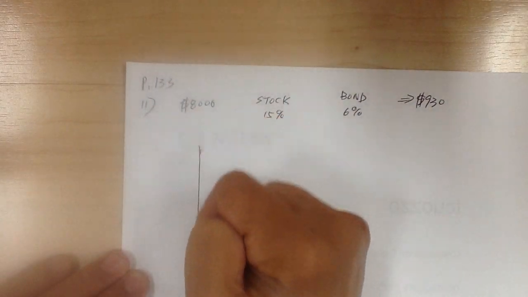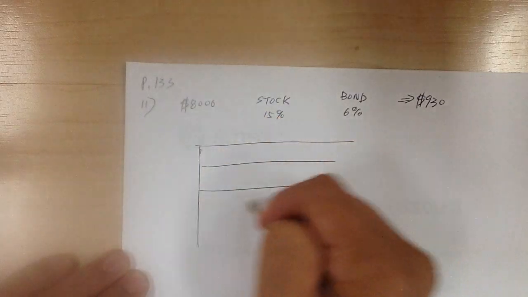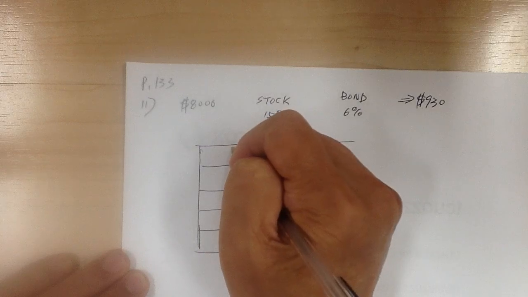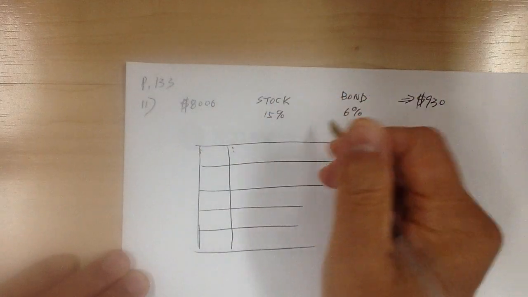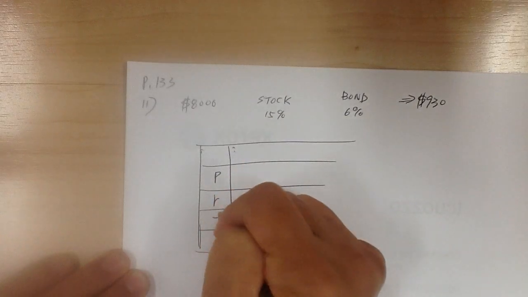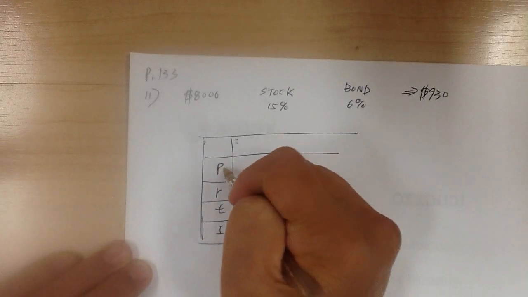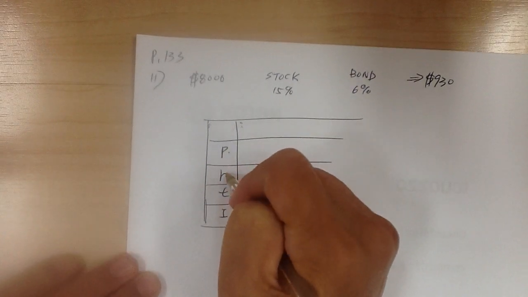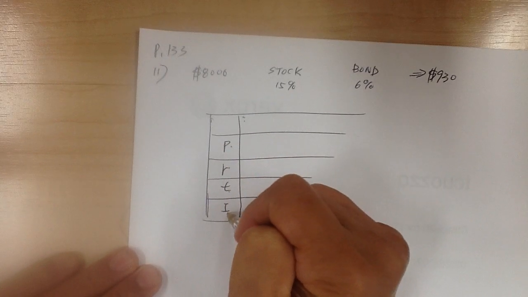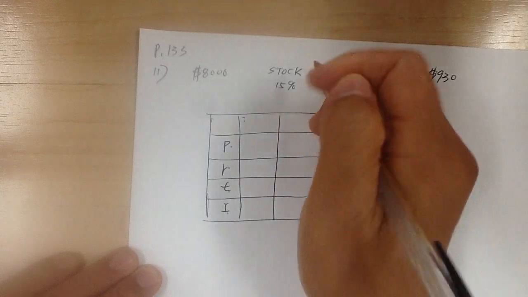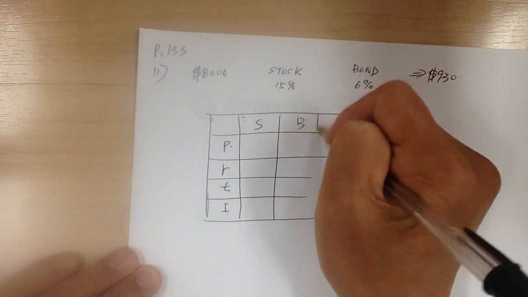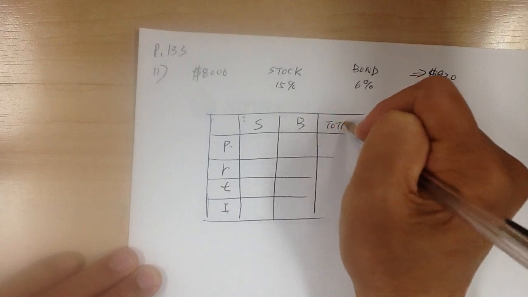So again, you want to get all your stuff organized. When you do an investment problem, it would be PRTI. So principal amount times the interest rate times number of years gives you the amount of interest earned. This would be the stock, this would be the bond, and this would be the total.